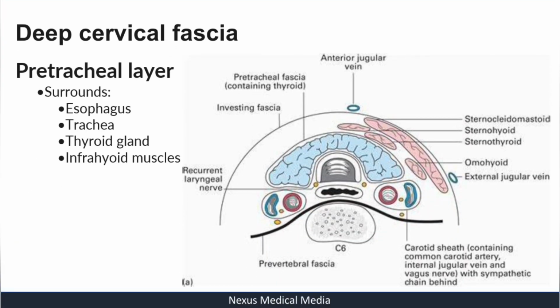The next layer is the pretracheal layer. The pretracheal layer covers the esophagus, the trachea, thyroid gland, and infrahyoid muscles. You can see here, this is the thyroid gland. You can see this pretracheal fascia covering here, and you can also see it covering this one, the trachea, and this one, the esophagus.